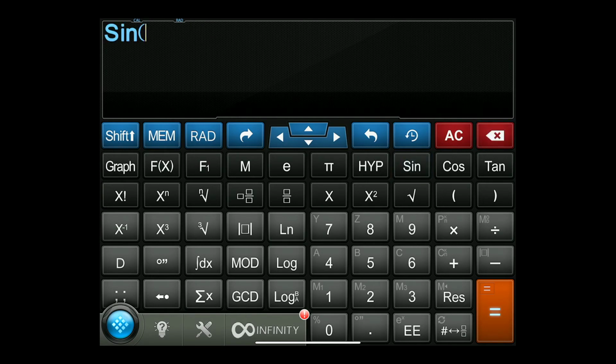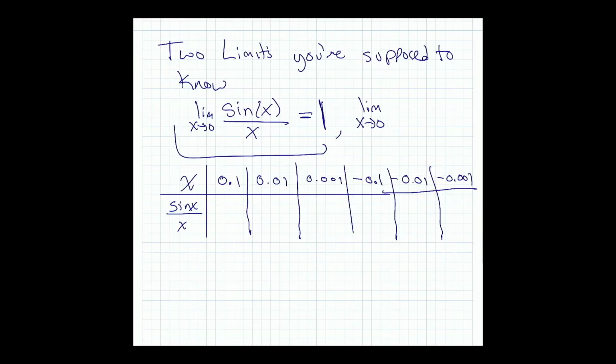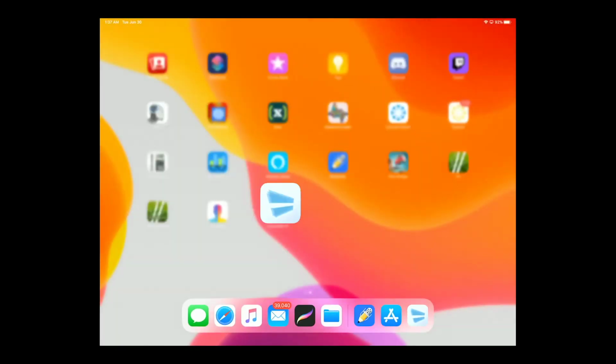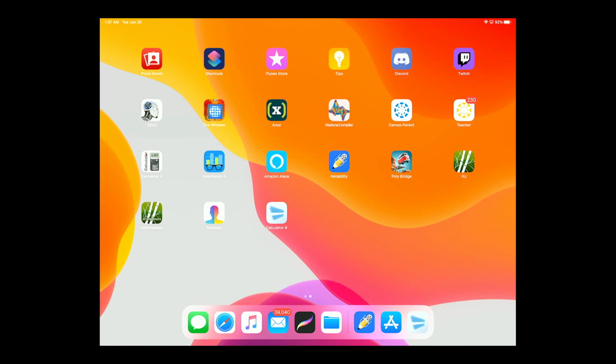So we got sine 0.1 divided by 0.1. What do we get? 0.998, 0.9983. Change this to 0.01 and this to 0.01. 0.99998. So 4 nines.